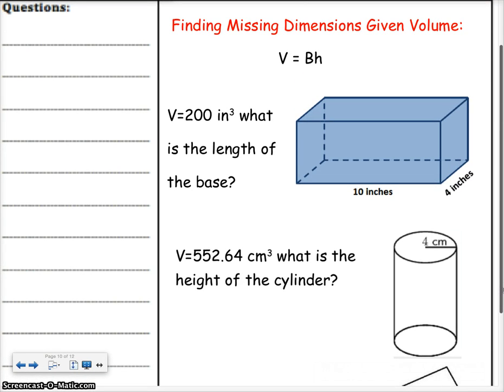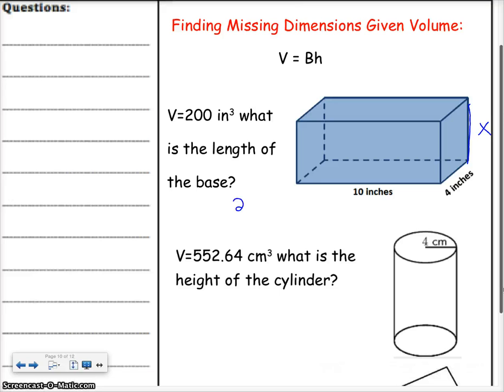Okay, so let's say that the volume of this particular rectangular prism is 200 cubic inches. What would the length of the base be? So I'm looking for this measurement. I know that for volume I typically multiply everything, so working backwards would be to divide.